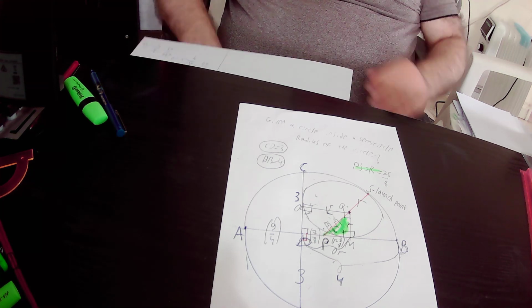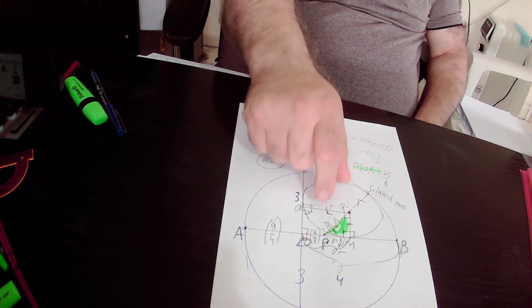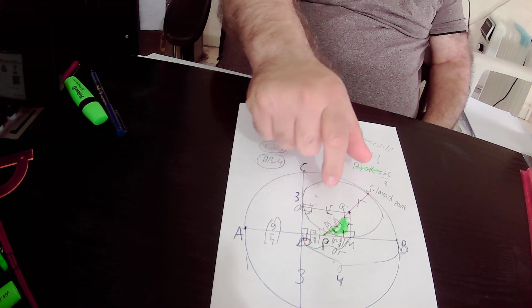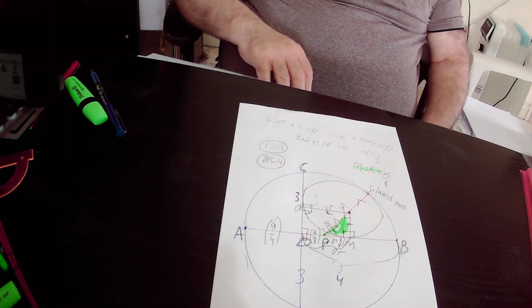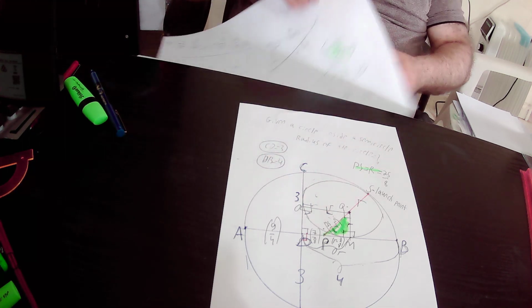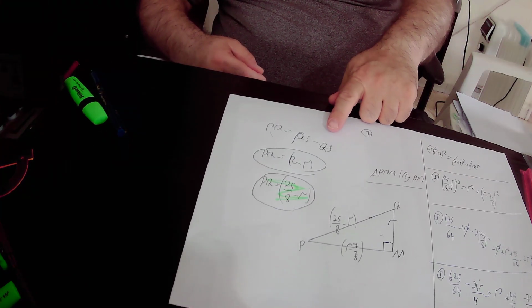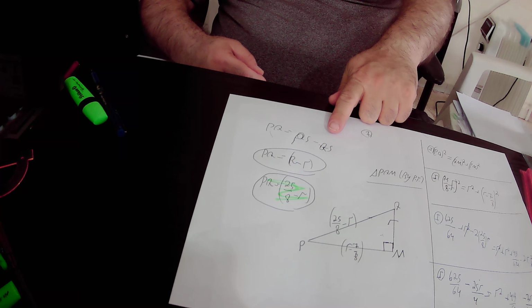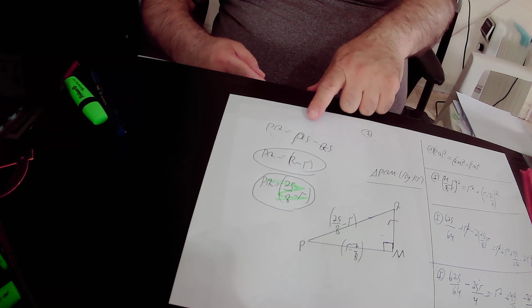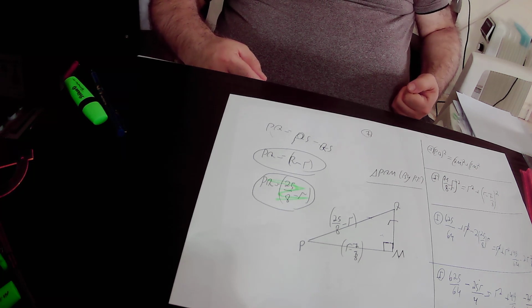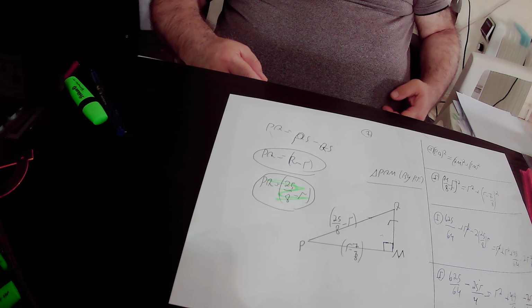And what is the length of line segment PQ? From the drawing it is very easy to see that PQ equals PS minus QS. Okay? We have already found out that PS equals capital R and QS equals small r. The conclusion is that PQ equals capital R minus small r.